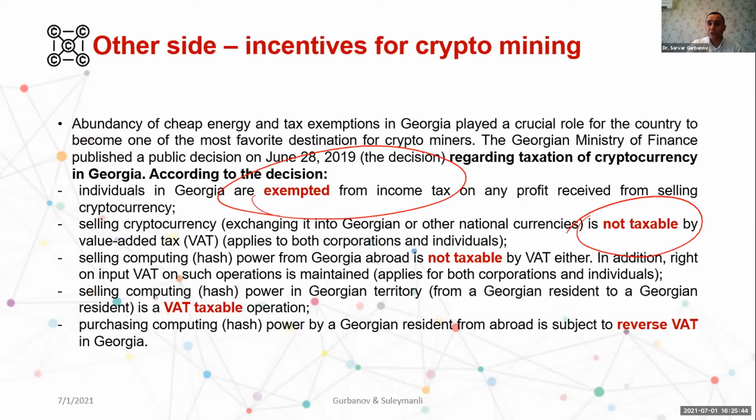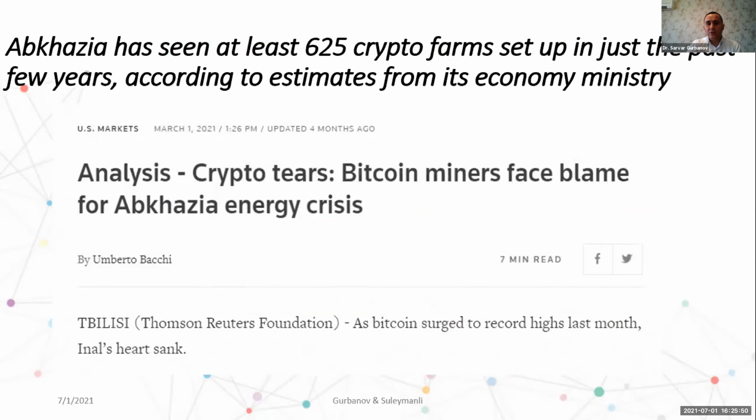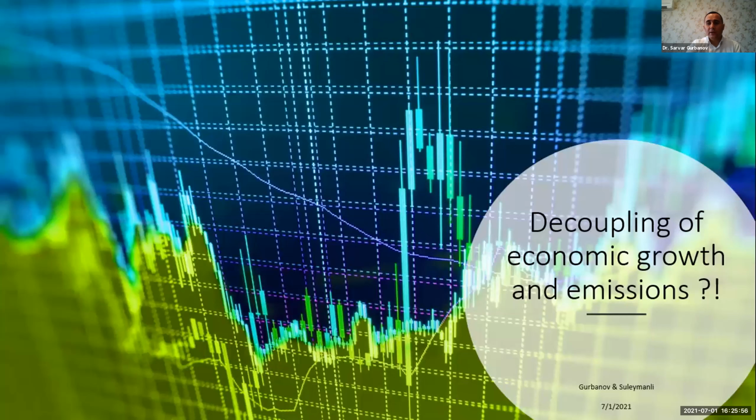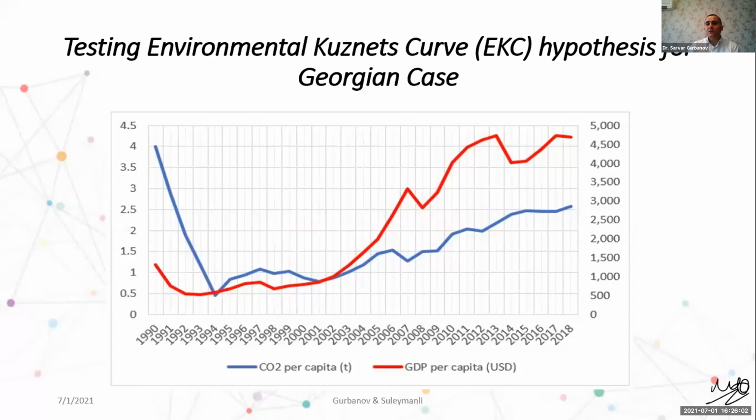So we are also going to see whether it can be adapted to other digital finance things. And as you see, there is right now an energy crisis in this country because of Bitcoin farming. Also, we try to see whether there is a decoupling of economic growth and emissions. It seems that it's not happening.